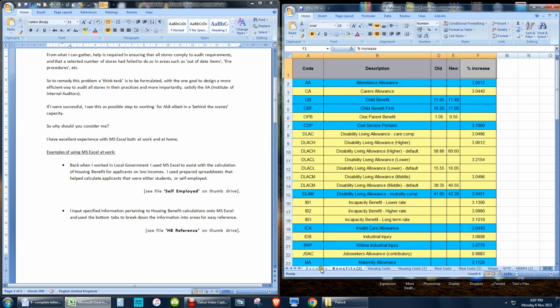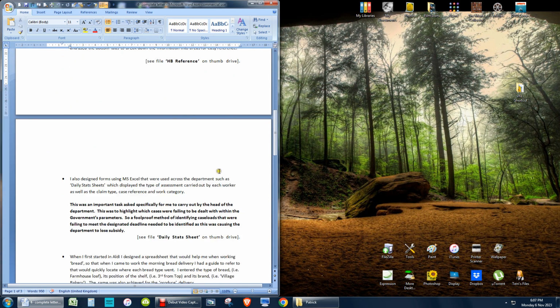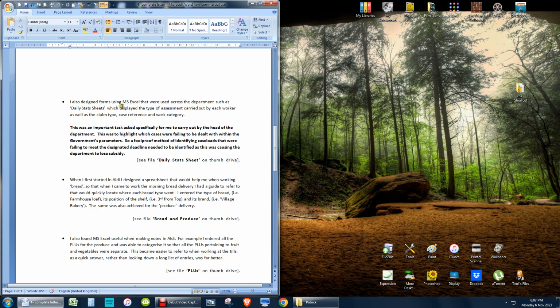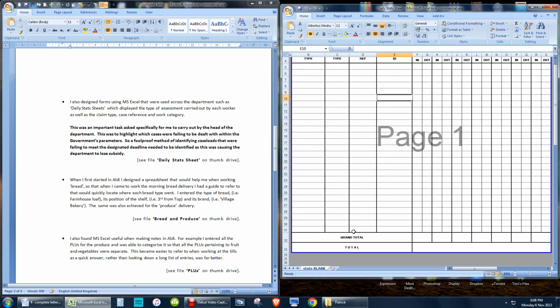So this is how I can present information using Excel. I also design forms using MS Excel that we use across the department, such as daily stat sheets, and that looks like this. So I design that form.